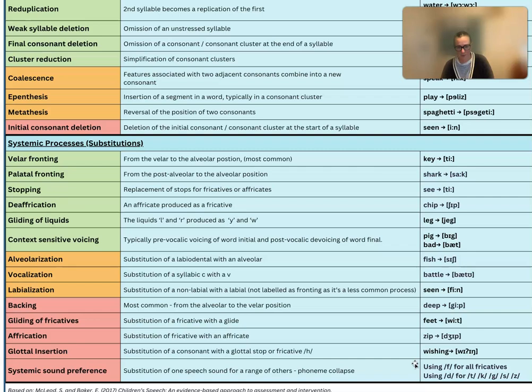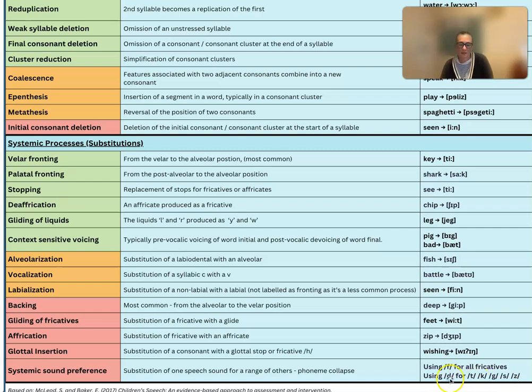A more common one would be if a child is fronting and stopping and voicing, and also cluster reducing maybe. That would mean that they would use a d for t, k, g, s, z, maybe sh, zh, and also those s blends as well.